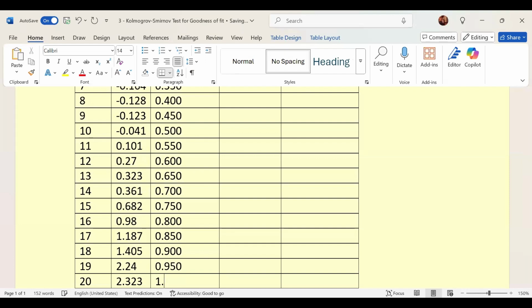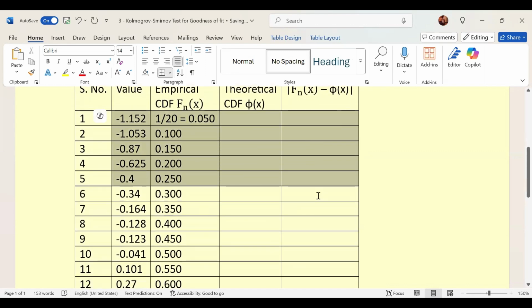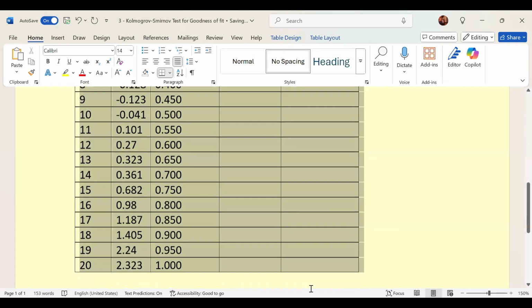Last will be 1.000, 20 by 20. So that will be our empirical CDF values.